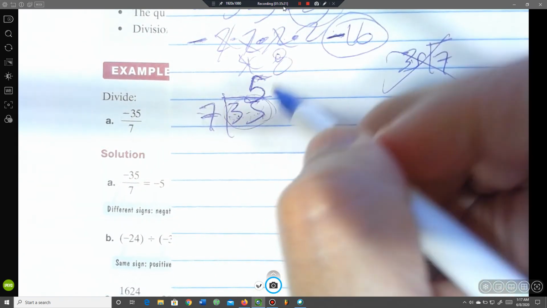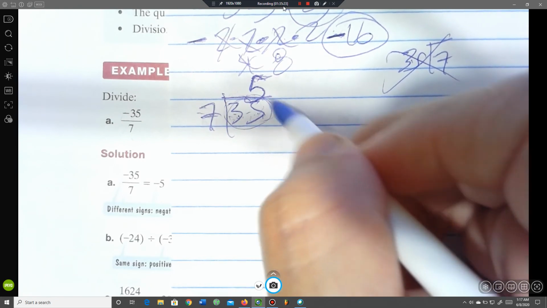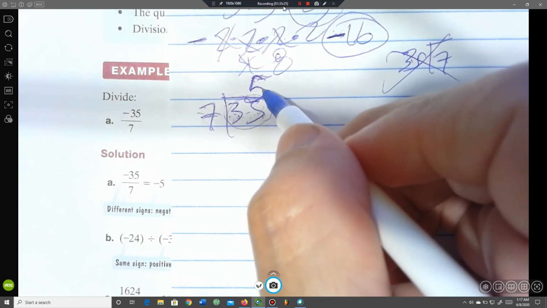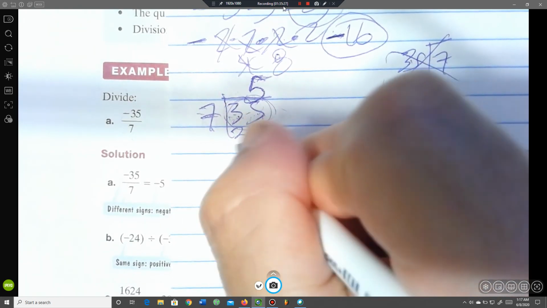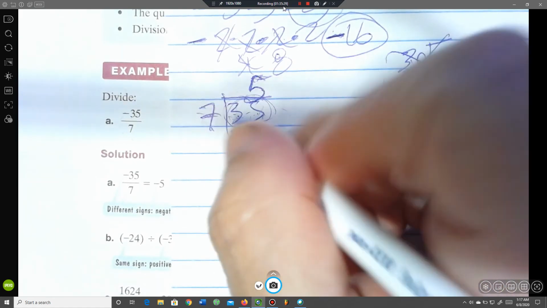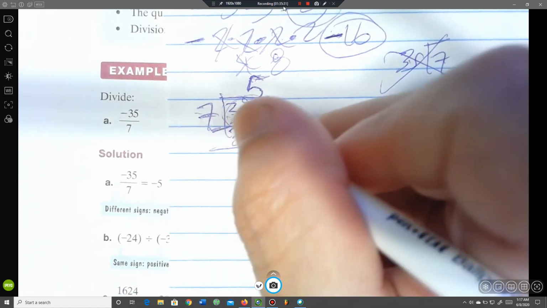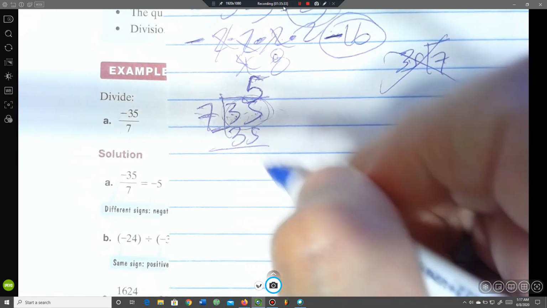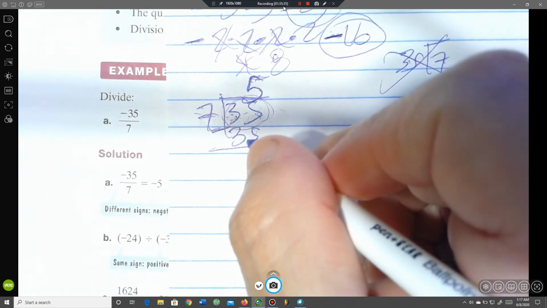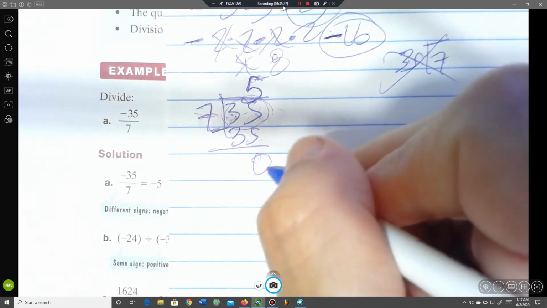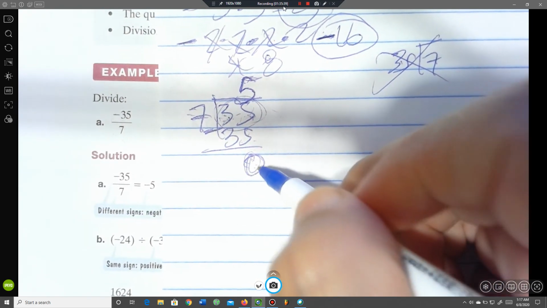If we had any more numbers here, what I would do is multiply 5 times 7 is 35, which is the way they taught you in high school, I believe, most of you anyway. And then subtract. 35 minus 35 is 0. You got a remainder of 0. You're done. You stop.